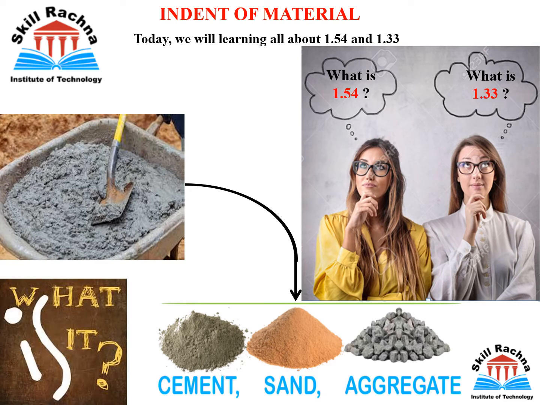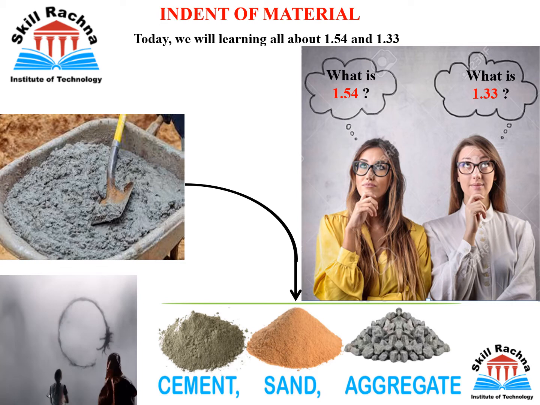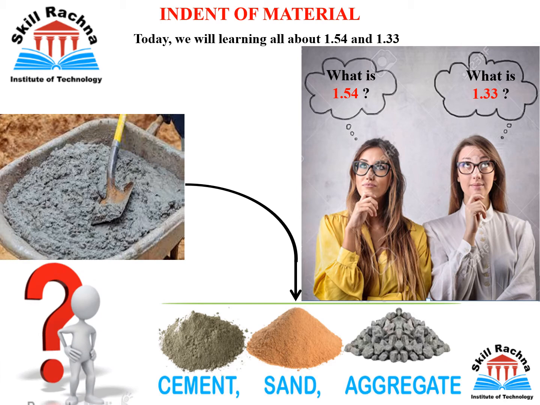So what exactly is it, where is it derived from, and where to use the same? Since such questions are in our mind, let's solve all your queries step by step in a simple language and in a practical approach.